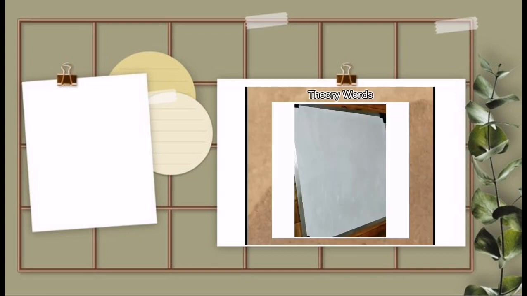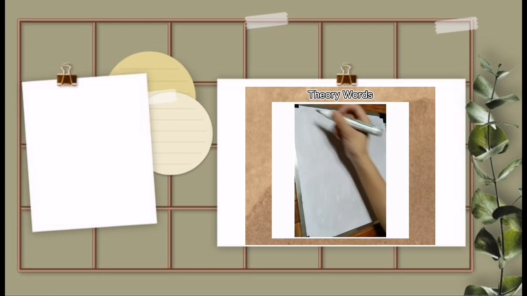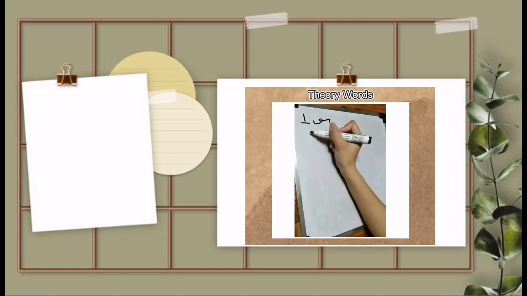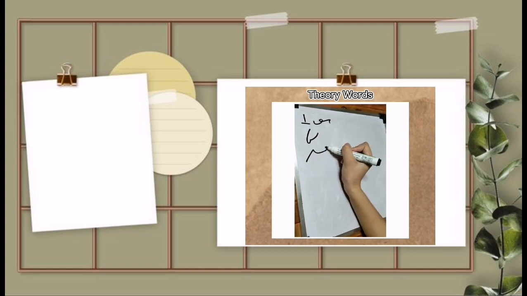In theory words, we have here 100 reams. Next is bond. B-O-N-D for bond. Next is delighted.